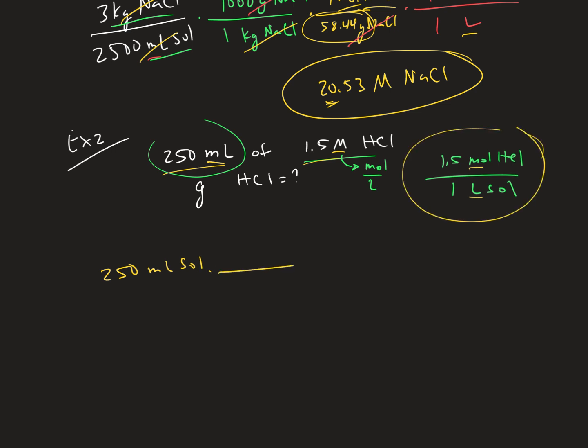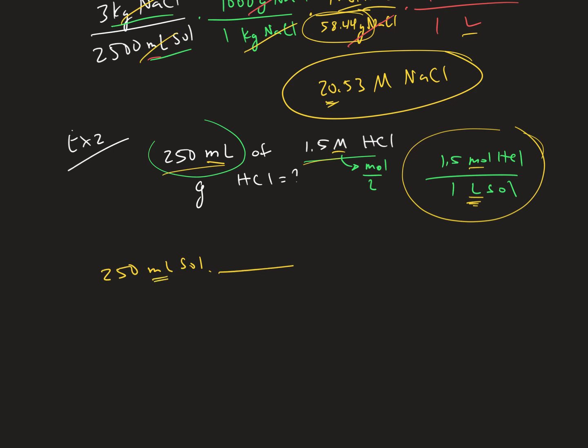And then I have this conversion factor here. But what do I have to do before I use that? Change it to liters, because this is not in milliliters. And that's the thing I was making a mistake with in that example that I told you I was working on. This was a certain unit, and my conversion factor wasn't in that same unit.